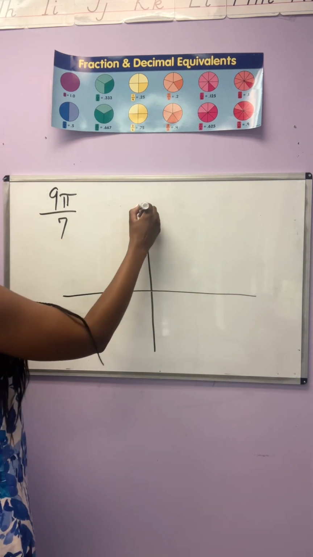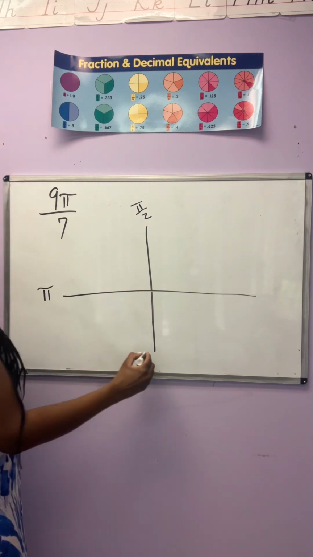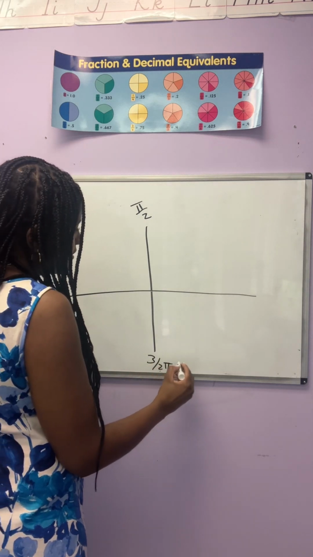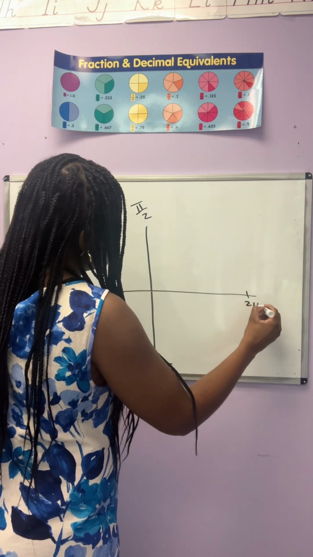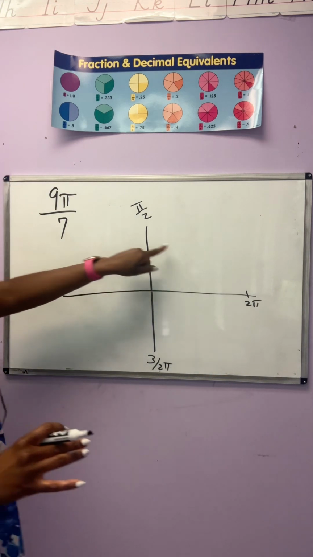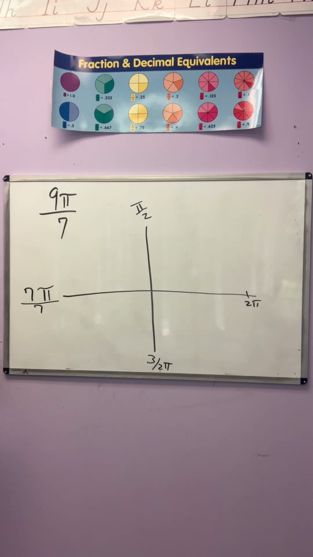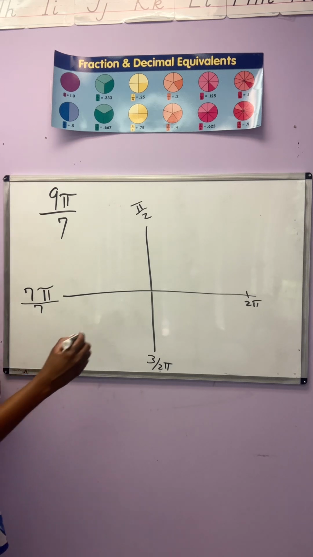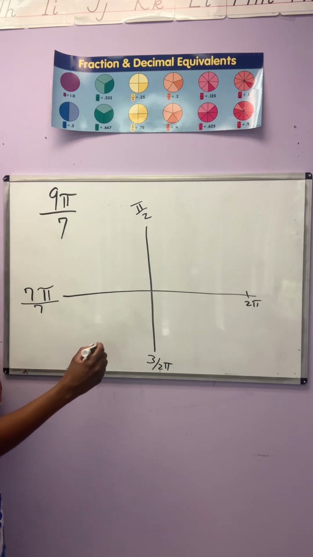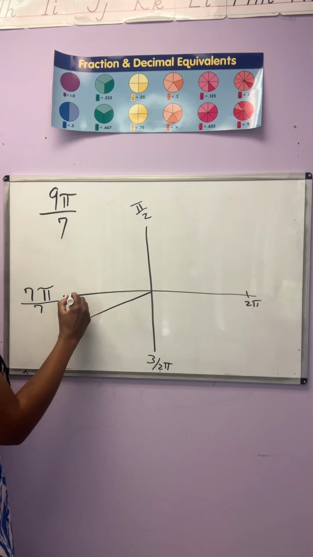Again, this is pi half, this is pi, this is 3/2 pi, and here we're at 2 pi. Well, this is not going to get us to 2 pi yet. But if we get all the way right here, this is 7 pi over 7, because that's 1 whole pi. And now 9 pi over 7 will be about right here.